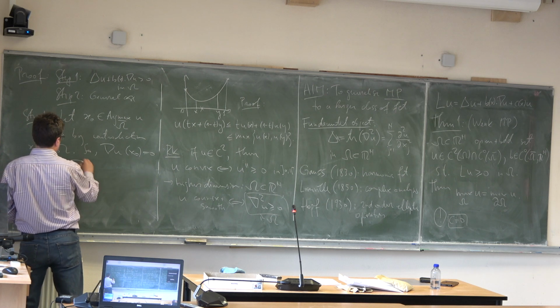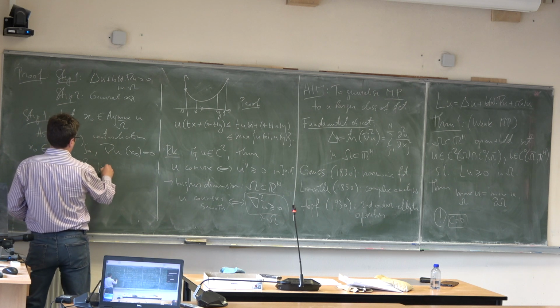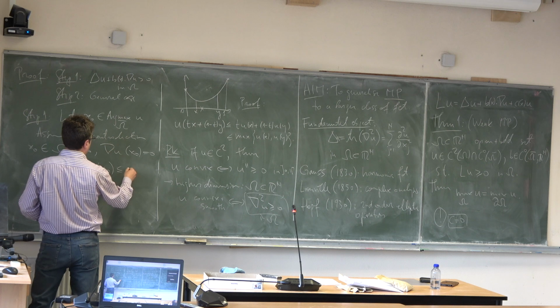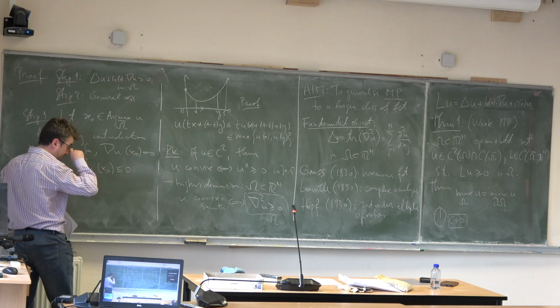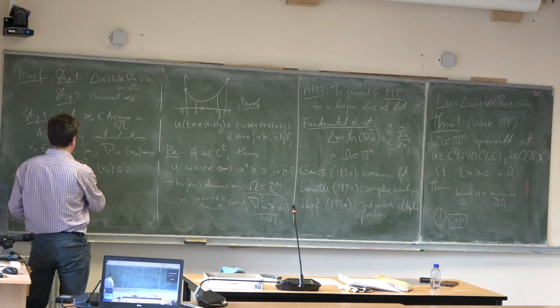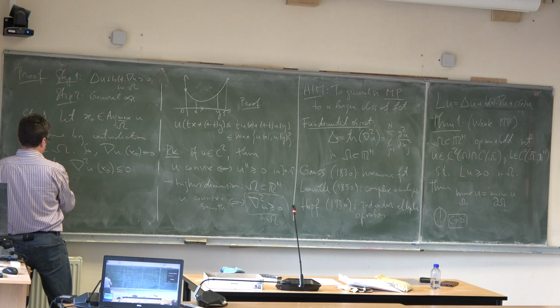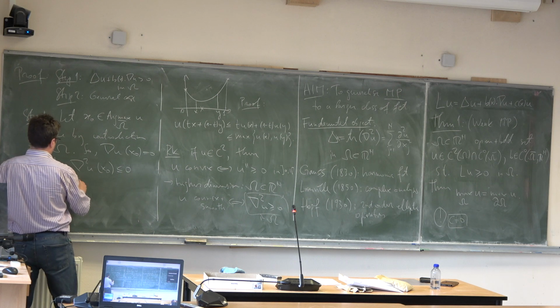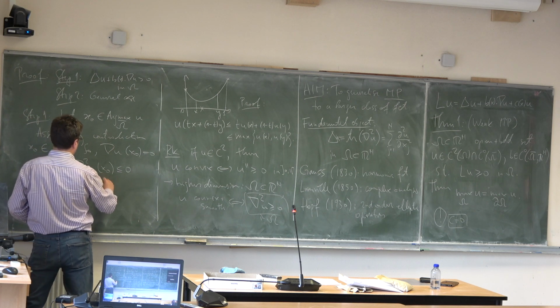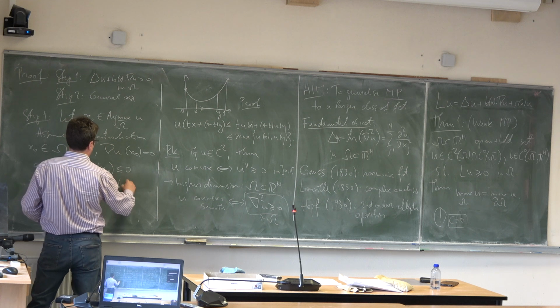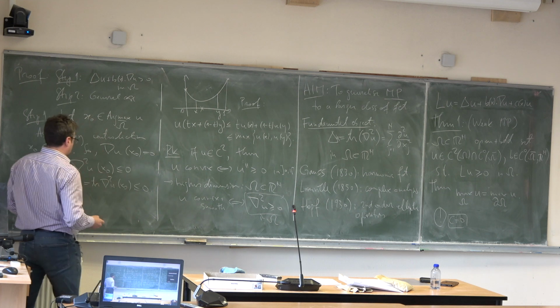So you also have that the Hessian is a negative semi-definite form. In particular, the Laplacian, which is the trace, is less than or equal to 0.